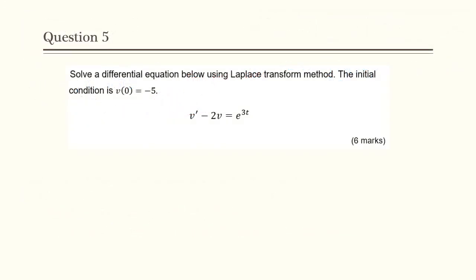Okay, let's look at the last example for today. So solve a differential equation as the equation shown by using Laplace transform. So given the initial condition is v0 equal to minus 5. So we know that when you have this prime, it is basically equal to differentiation. So it is dv over dt minus 2v equal to e to the power of 3t.